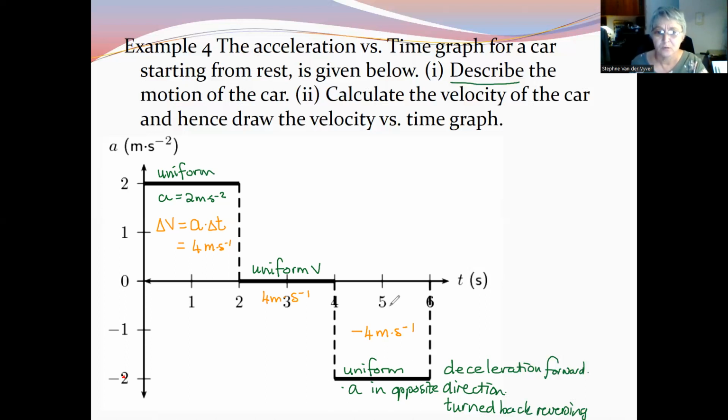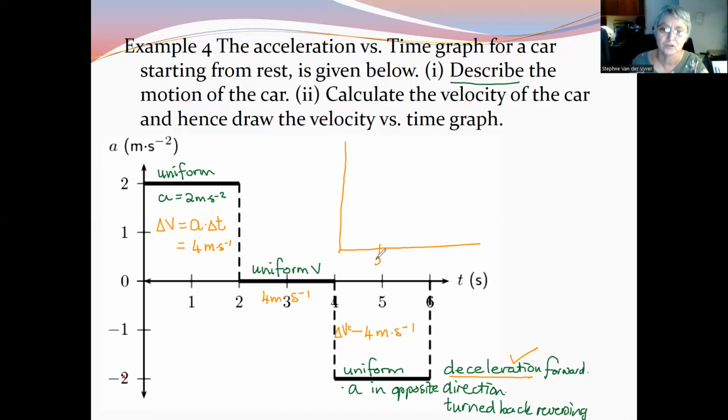So if his change in velocity is minus 4 and he was going at 4, he would be stopping at the time he got to the 6 seconds mark. That is if we consider the deceleration, which is the one that I'm opting for. So my velocity time graph would look like this if I consider his motion in one direction.